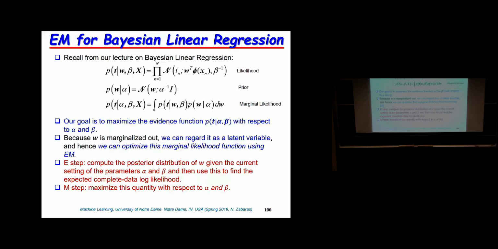To apply what algorithm to compute alpha and beta? What was the name of the algorithm? Very important to compute the hyperparameters alpha and beta. Empirical Bayes, yes, in a more general sense.